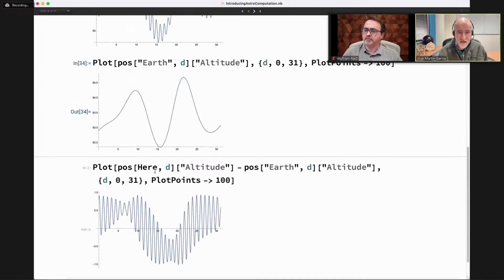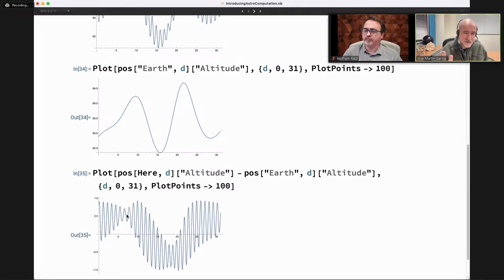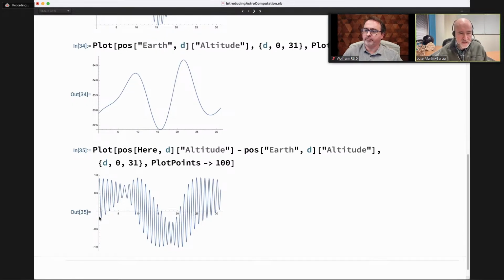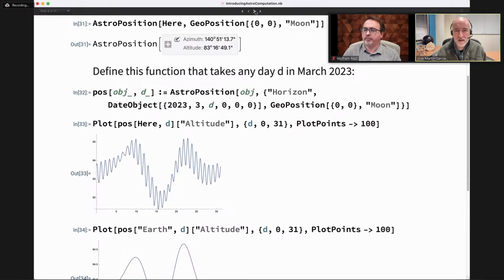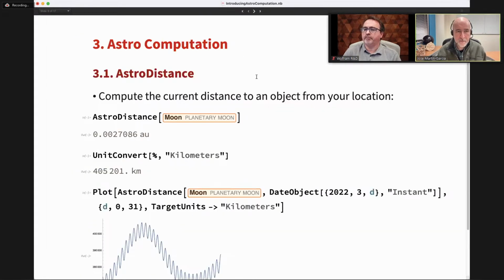So we can subtract both functions and we get this effect of the rotation of the Earth. And depending on the relative orientation of the Earth, Champaign, and the moon, we get these various situations. You see that it's about 1 degree of oscillation. So you see that you can observe anything from anywhere in the solar system.